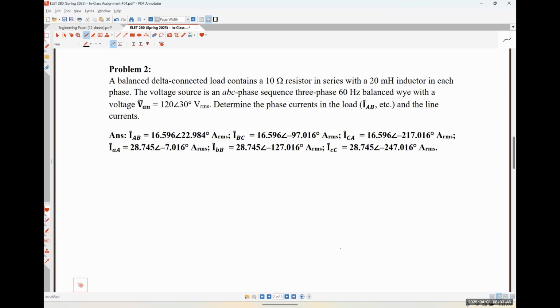And we are asked to determine the phase currents in our load, as well as the line currents. So once again, I'm going to draw a picture that's trying to describe what's going on. So we have a Y connected source feeding a delta connected load.